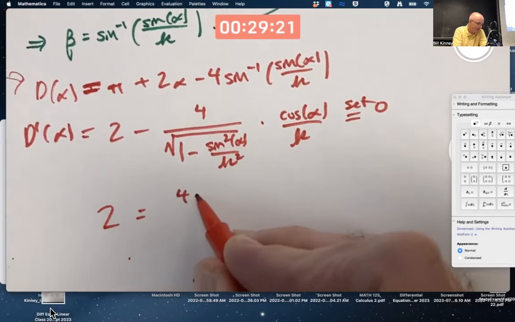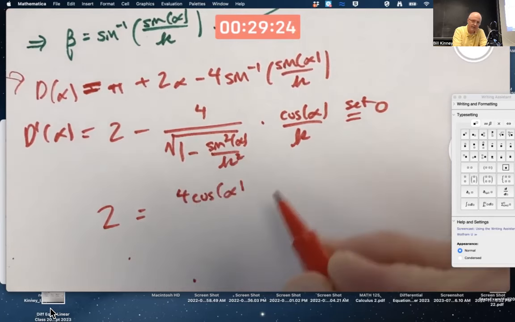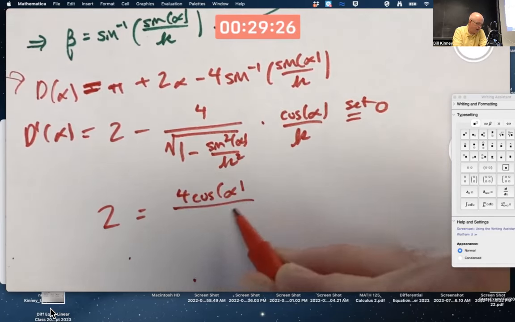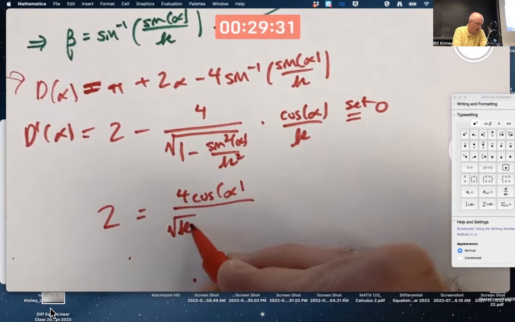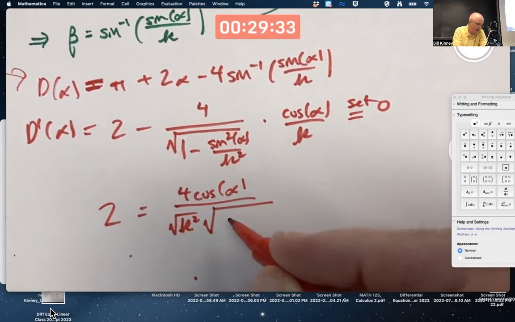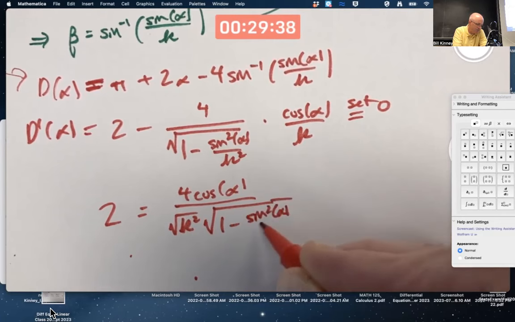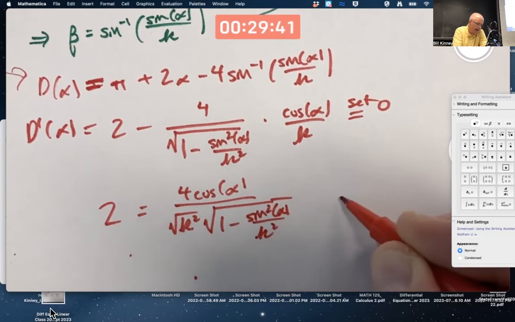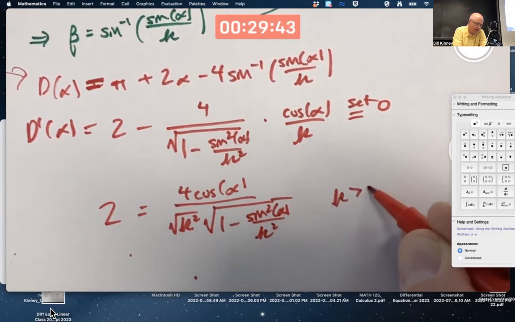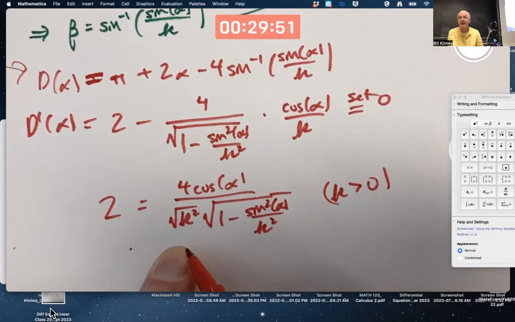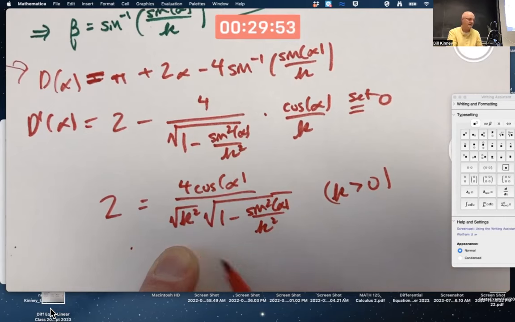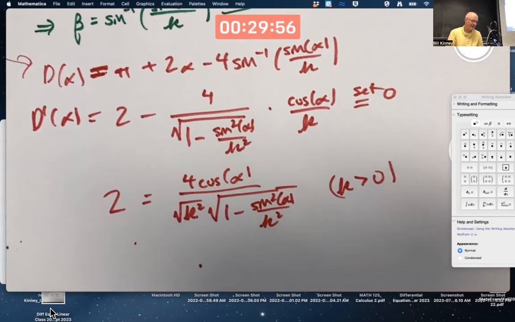Well, let's see. I can bring the thing that I'm subtracting over to the other side. I can also write k as the square root of k squared. That is okay to do as long as k is positive, which it is. The square root of k squared in general is the absolute value of k, but if k is positive, that's fine.